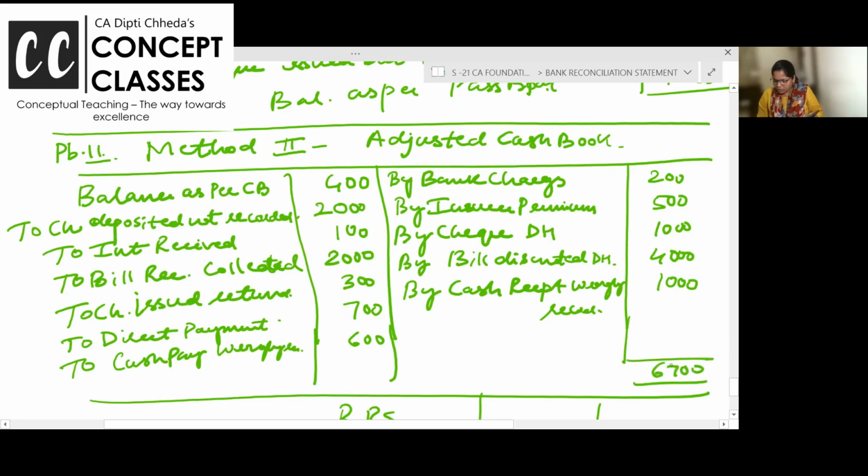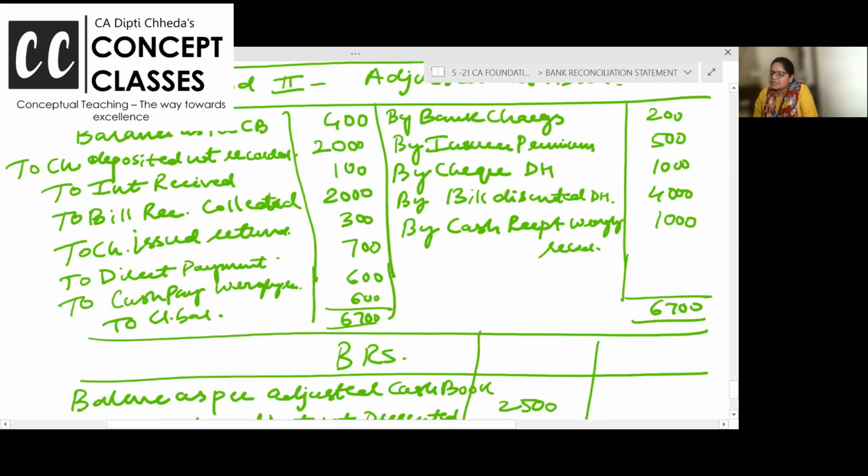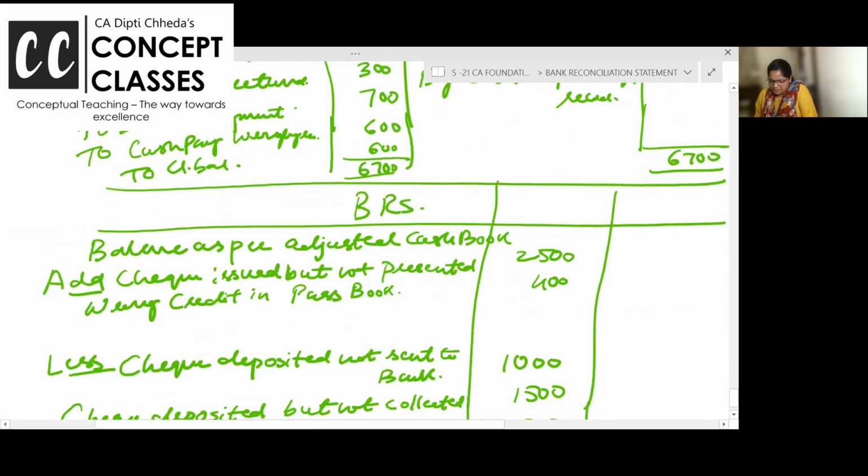Credit side total is 6,700 and debit side total is 6,100. 600 rupees is the closing balance. In the adjusted cash book, we started with an opening debit balance, and the closing balance is credit. So balance as per cash book is 600 credit. It is overdraft, if you want to write overdraft or credit balance.